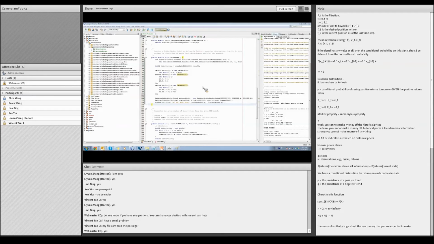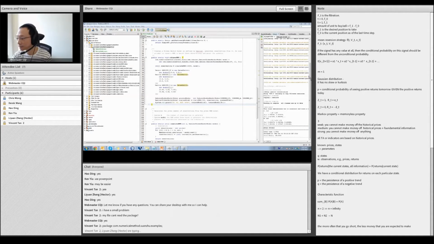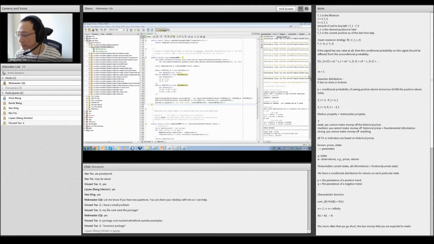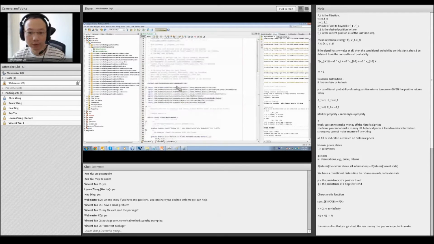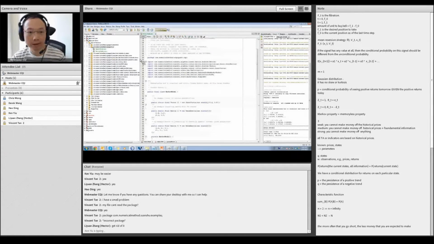Okay. You see, this is what we talked about. When you create a new package in Java, you need to make sure that this matches the one that you type in here. So say maybe you delete this, as Hatter suggests, and you type this.